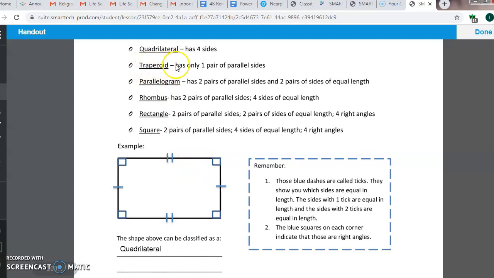A trapezoid has only one pair of parallel sides. Well, if I'm looking at this shape right here, I'm going to go ahead and do some highlighting.